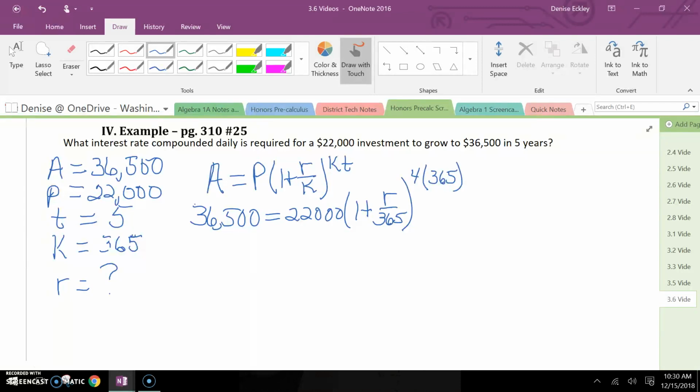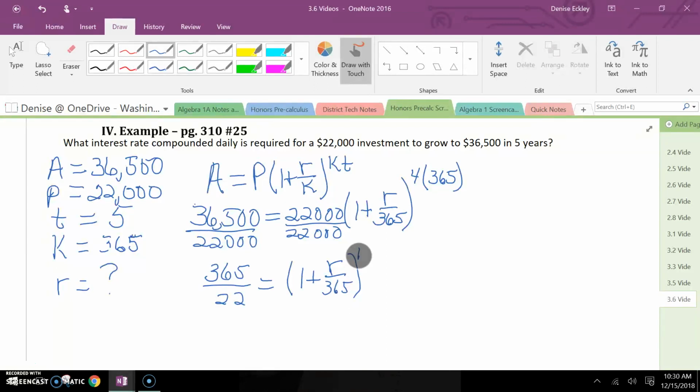Okay, simplifying a little, we're going to divide both sides by 22,000. Simplifying that fraction, we get 365 over 22 equals 1 plus R over 365 to the 1825 power.